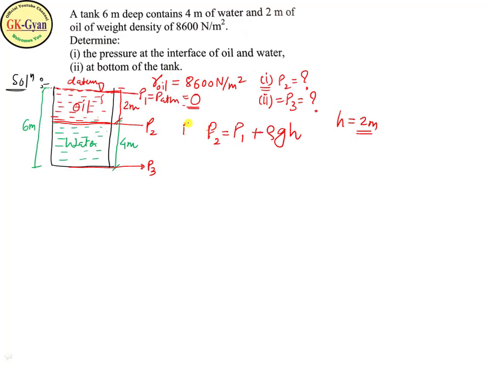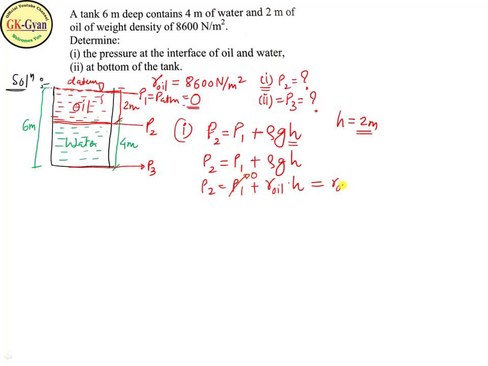So P2 is P1, and P1 is nothing but atmospheric pressure, plus rho g h. h will be 2 meter. What is rho g of oil? That is the specific weight of oil, 8600. So P2 equal to P1 plus rho g of oil into h. P1 is 0 because it is open to atmosphere.